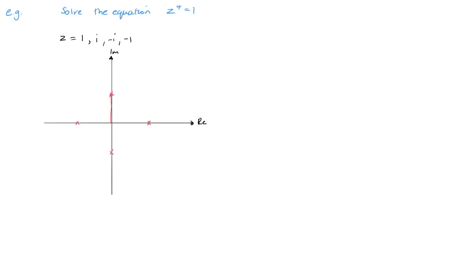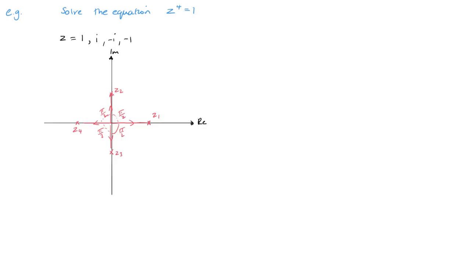So these are each of my answers. And the angle between each of them is pi by 2. And you should recognize pi by 2 from when we were working out those solutions. So like Z1, Z2 was i, Z3 was minus i, and Z4 was -1.